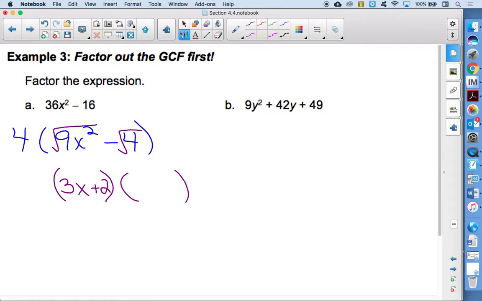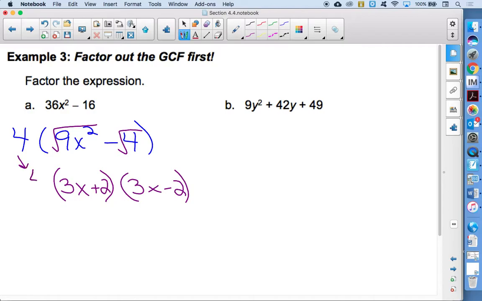What goes in the second parenthesis then? 3x minus 2. So if you FOIL this, it's a perfect square binomial pattern. 3 times 3 gives me 9x squared, and then 6x and a negative 6x cancel, and then I have the 2 and the negative 2 to give me negative 4.